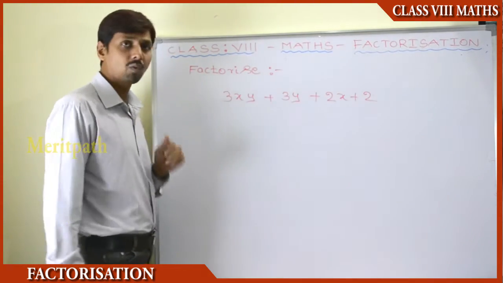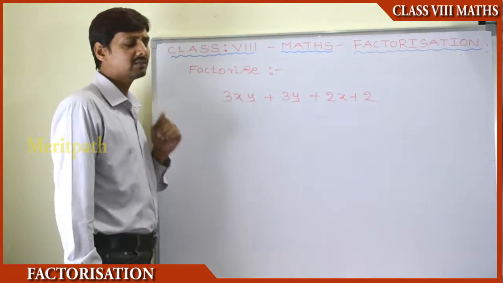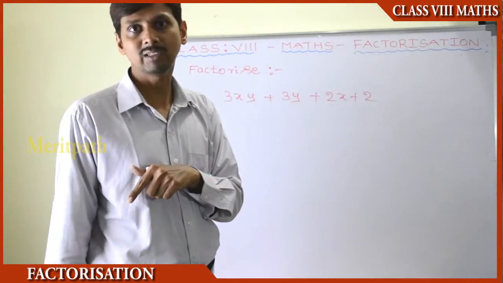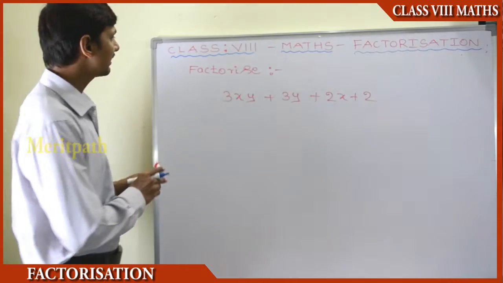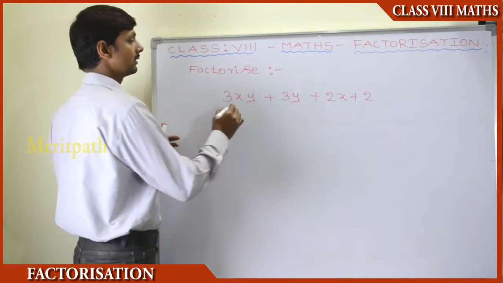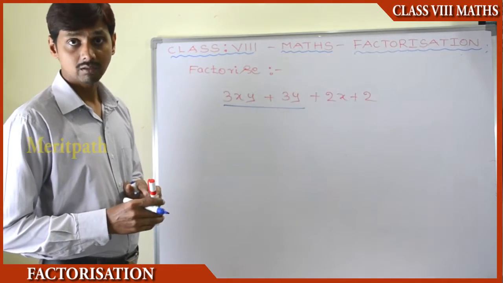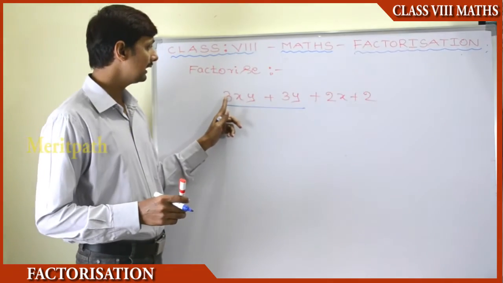So what do we need to do? Let's find a process to factorize this expression. Let's take the first two terms, because these two have a common factor of 3y.